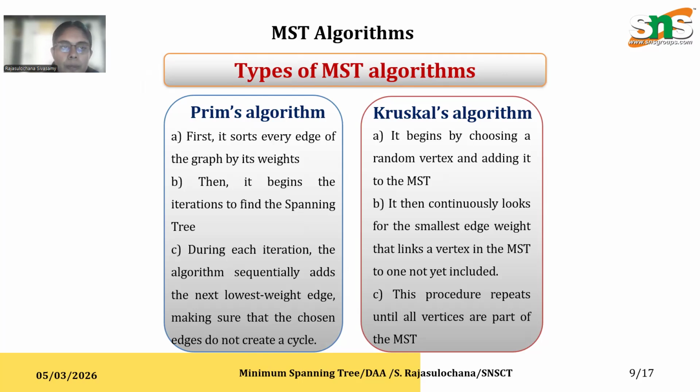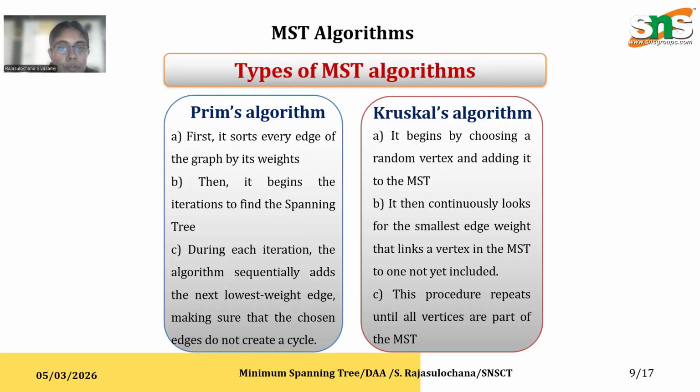When it comes to Prim's algorithm, its working is almost similar to Dijkstra's algorithm, which we have seen in identifying the shortest path. It begins by choosing a random vertex and adds it to the minimum spanning tree.